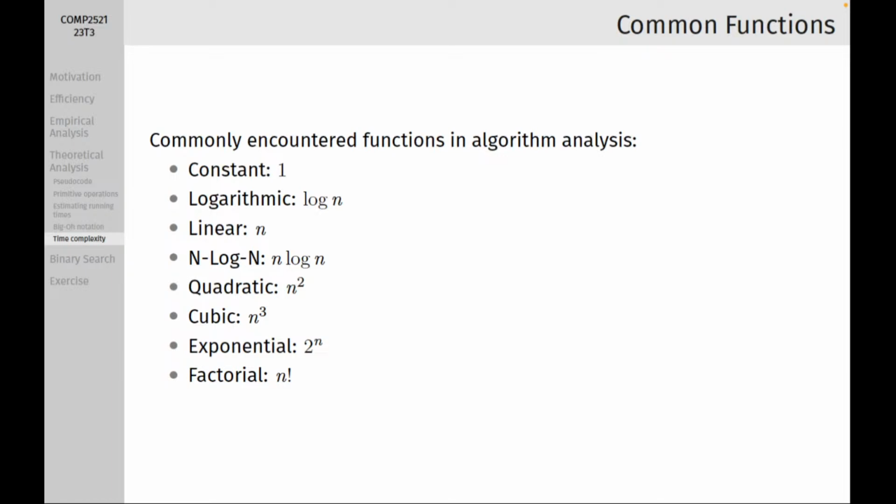Cubic is n cubed. Exponential is 2 to the n, or it could be 3 to the n or 4 to the n and so on. Factorial is n factorial. These are listed in order of how fast they are, so n log n, for example, is faster than n squared.